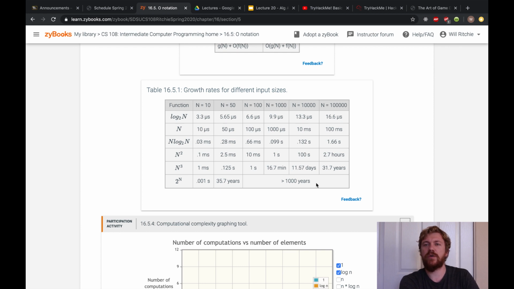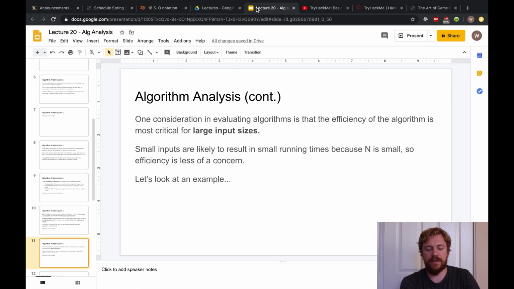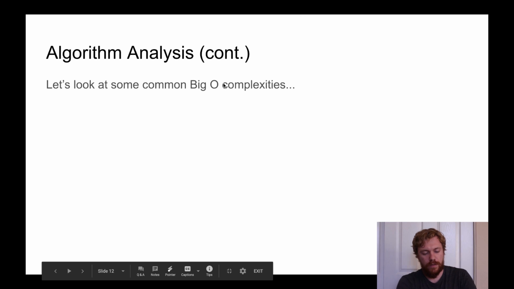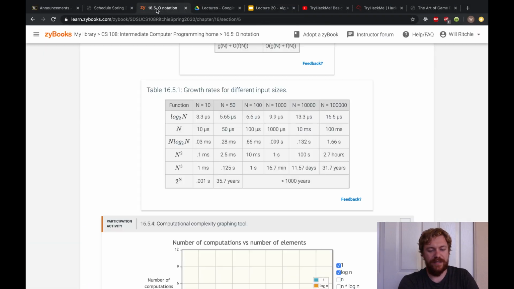Can you imagine trying to run your program for over 1,000 years? That doesn't make sense. And so this is why we care about growth rate and how growth rate affects different functions. So let's go back to the slides and go back to Zybooks.